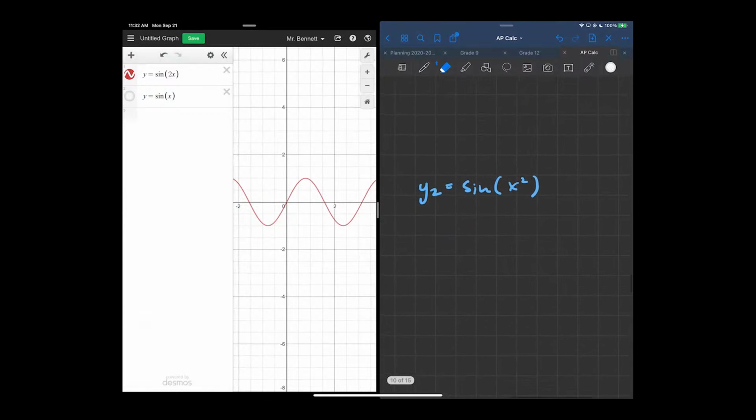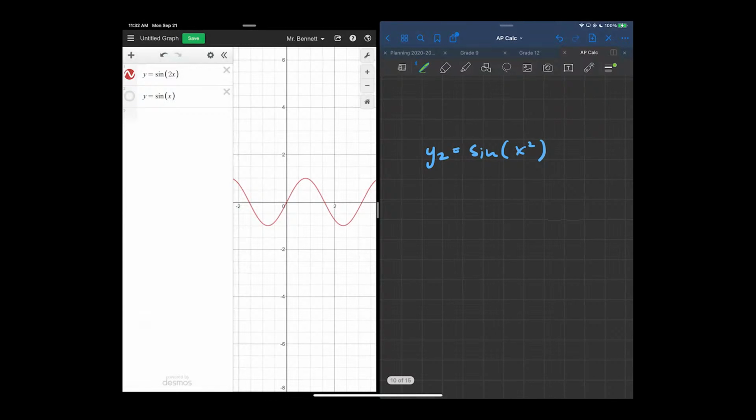So I know that no matter what, if x is less than 0, if x is negative, then x squared is still going to be greater than or equal to 0, right? And I'll put a little equal sign here too. So if x is less than or equal to 0, then x squared is still going to be positive, or at least 0.